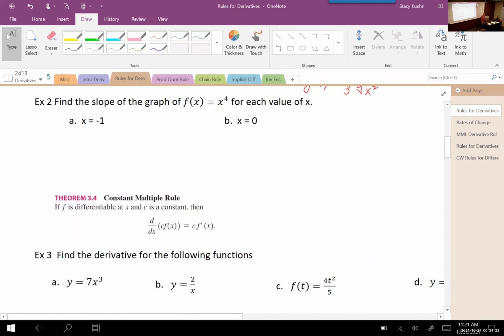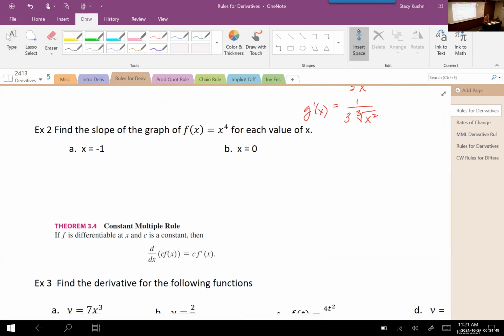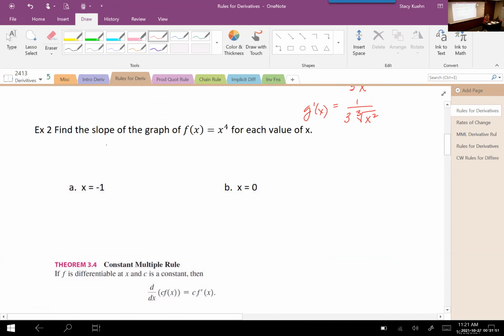Find the slope of the graph of the function f of x is equal to x to the 4 when x is equal to -1 and when x is equal to 0. So in other words, if I wanted to know the slope of the graph, that's basically finding the derivative, isn't it? Okay, so f prime of x is going to be what?